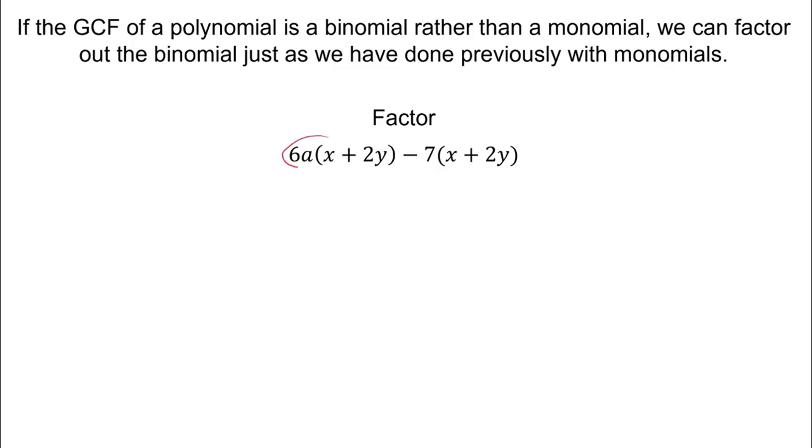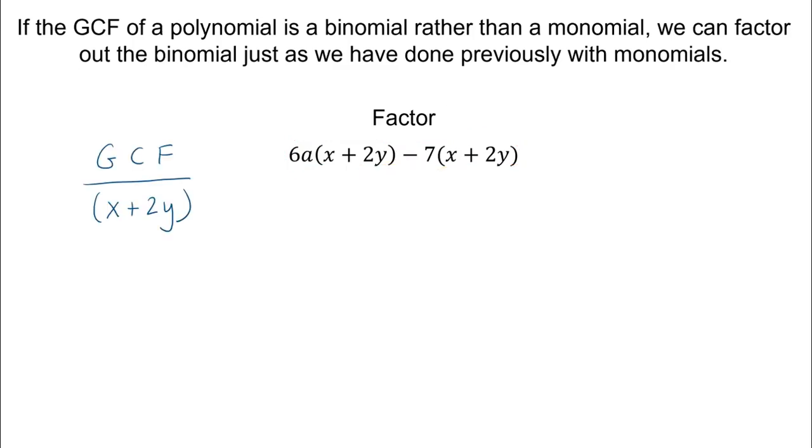The first term is 6a times x plus 2y, and the second term is minus 7 times x plus 2y. If we want to factor out a GCF from both of these terms, it's easy to see that both have a factor of x plus 2y. So in this case, our GCF isn't a monomial, but it's a binomial.